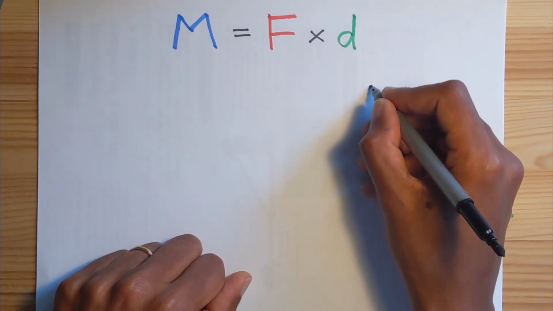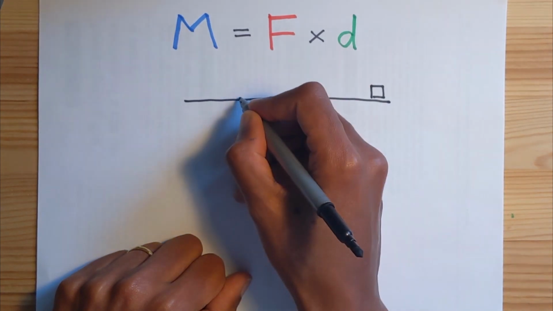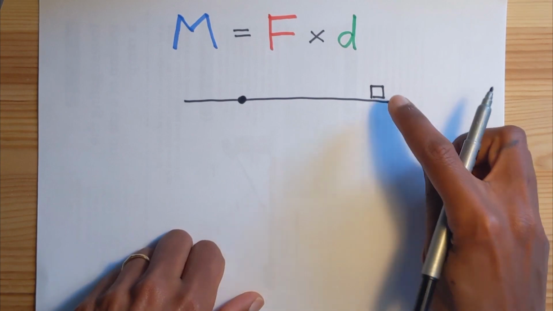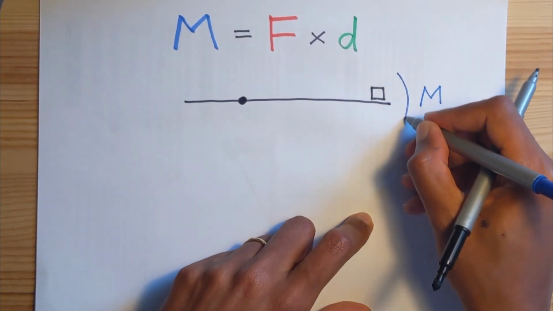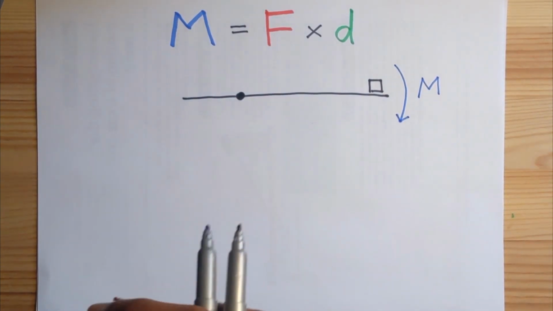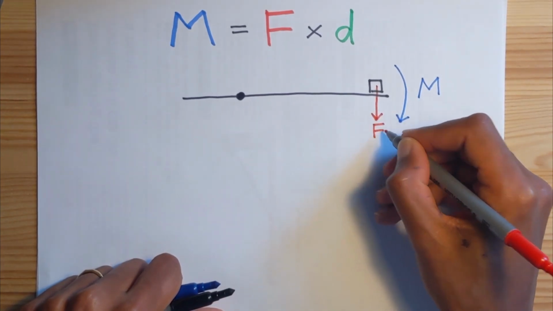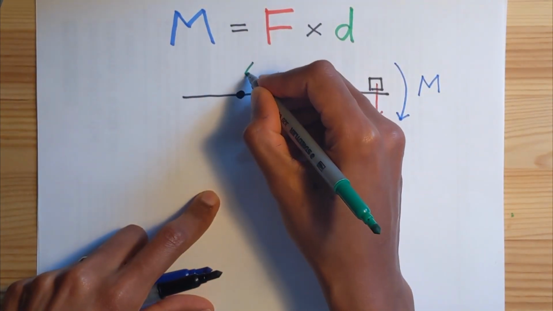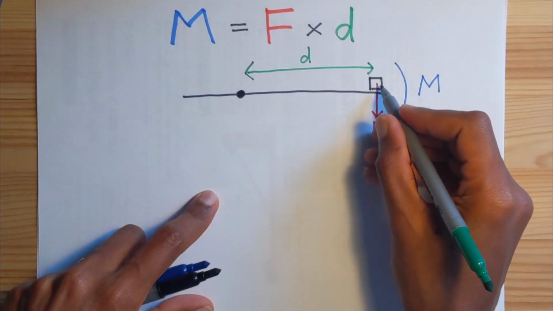If you imagine a small object on one end of a seesaw with the seesaw's pivot point somewhere around the middle, then that object's moment, or its turning effect in that direction, is going to be equal to the weight of that object, its force acting downward, multiplied by the perpendicular distance, d, from the pivot point to the object.